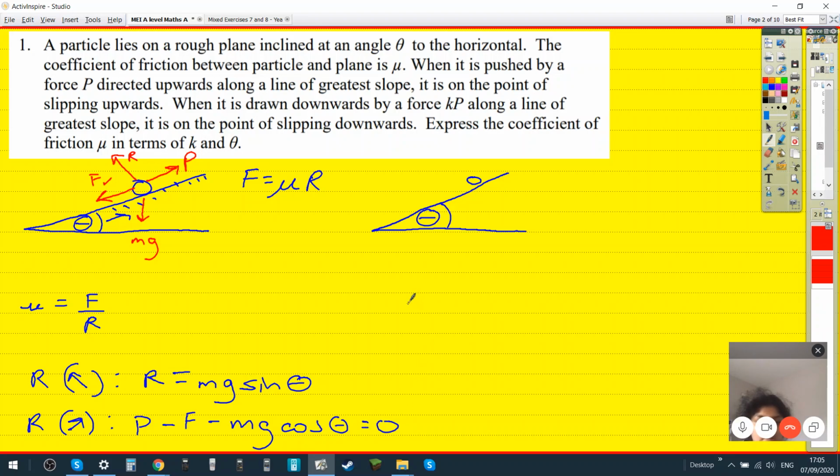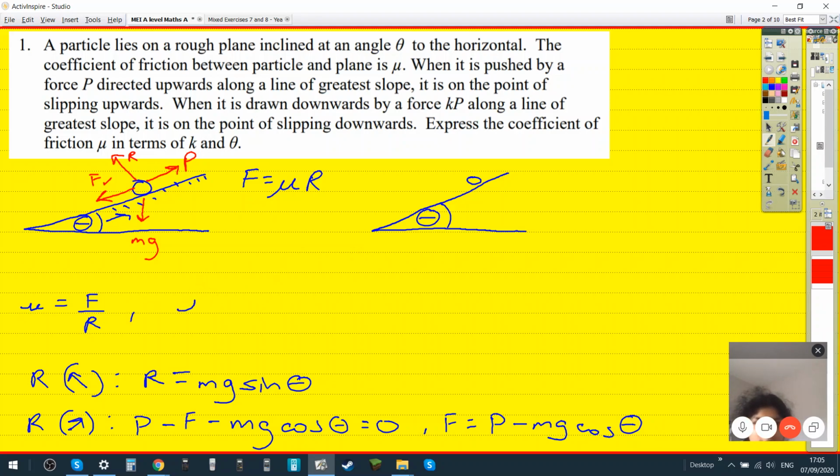So then you could do F is equal to P minus mg cos theta. Is it P plus? No, you're right, P minus mg cos theta. So then in the mu equals F over R, you could just substitute what F is and what R is.